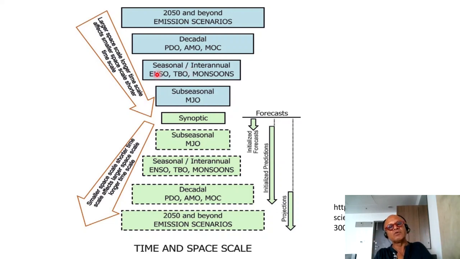We already mentioned El Nino, also called El Nino Southern Oscillation, which we will learn later. Tropical biennial oscillation, monsoons like the Indian monsoon, Asian monsoon, Australian monsoon. There are sub-seasonal processes like the Madden-Julian Oscillation, synoptic scale weather systems, and then you have smaller space scales and shorter time scales affecting larger space scales and longer time scales going the other way.